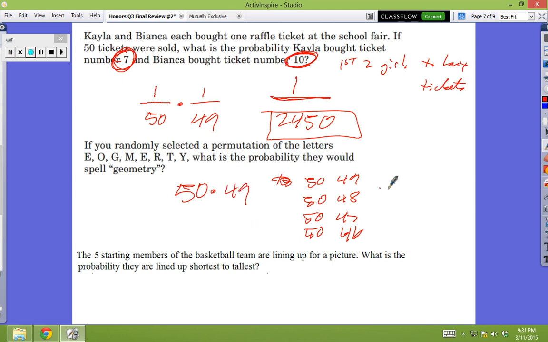Of these 2,450 options, which one is the one where she gets a 7 and she gets a 10? There only exists one of those outcomes, but there is a total of 2,450 outcomes.